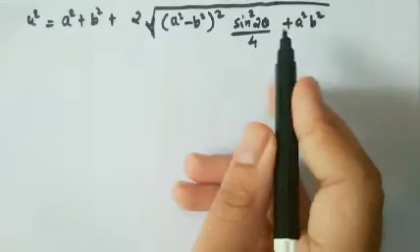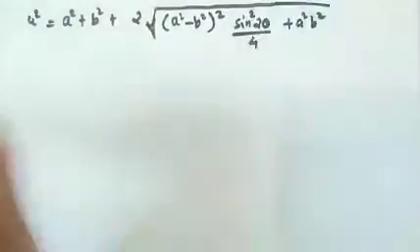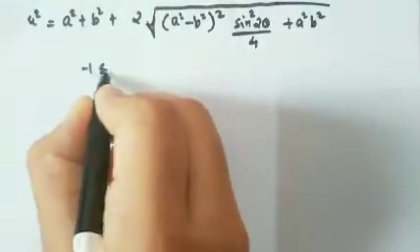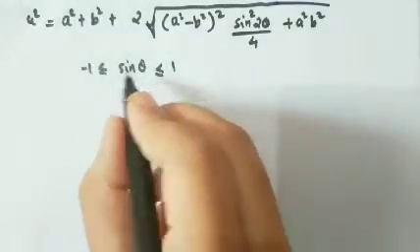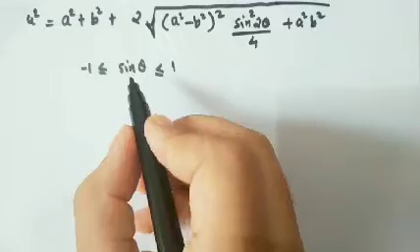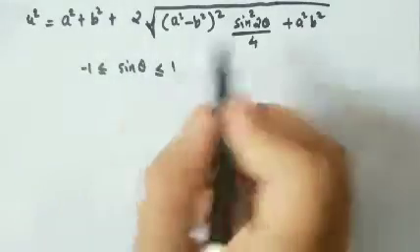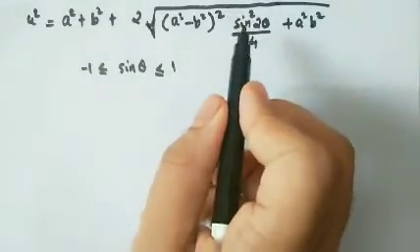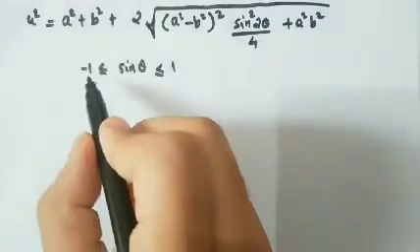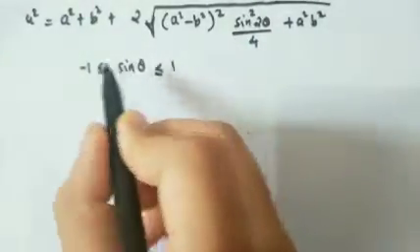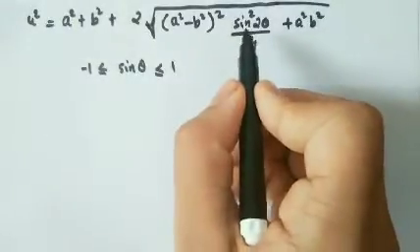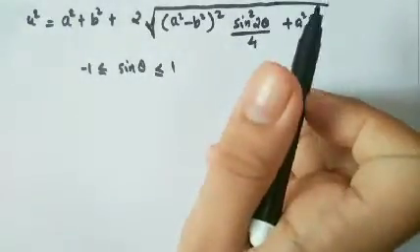Okay. So now you know that minus 1 is less than or equal to sin of any angle theta, less than or equal to 1. But sin square theta will go in the range 0 to 1 only, because sin square theta is always positive, so it can be from 0 to 1 only, it can't go to minus 1. Even if sin 2 theta is minus 1, its square will always be from 0 to 1 only.